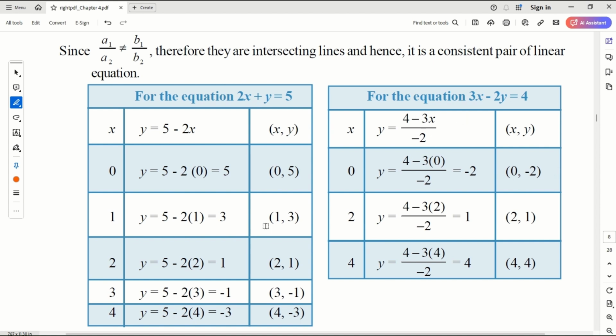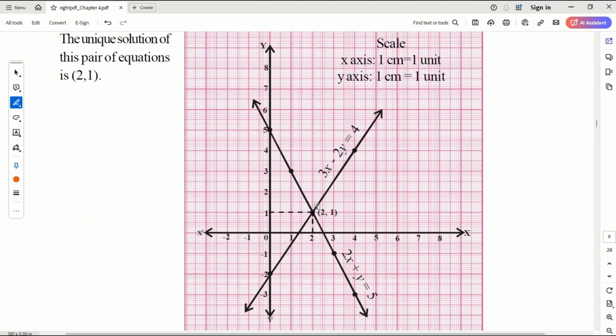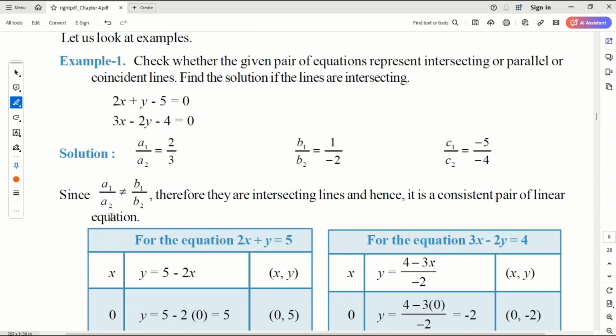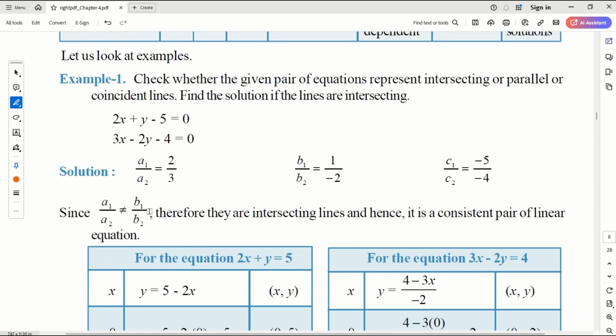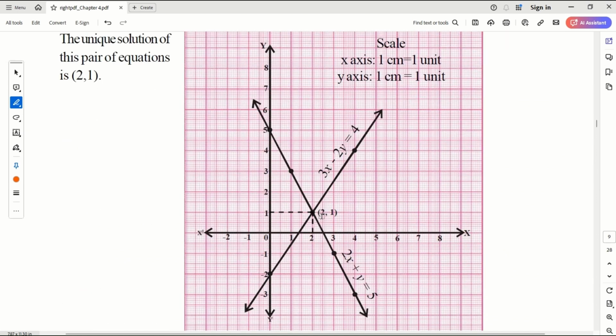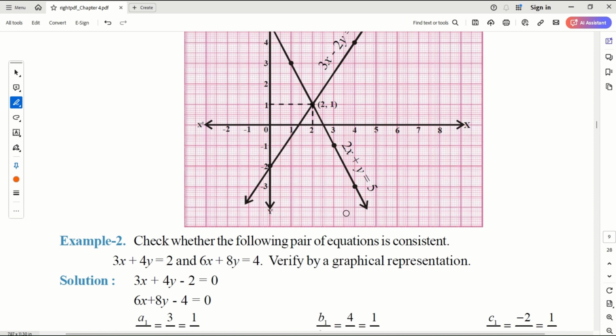So 2 points are here, 2 points are here. You draw the lines, and then you observe that both are intersecting. This is as we expected, because a1 by a2 is not equal to b1 by b2. The intersecting point is 2 comma 1, so it has a unique solution, x equal to 2 and y equal to 1.